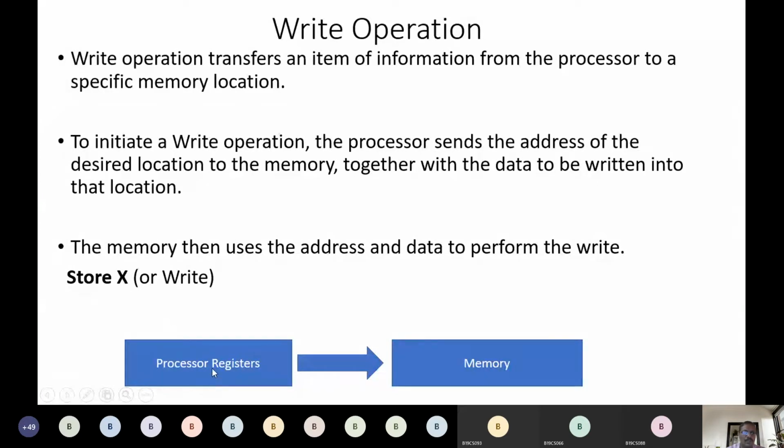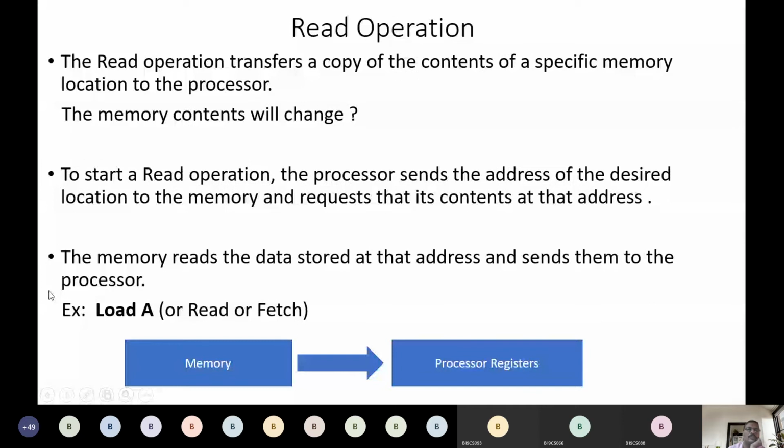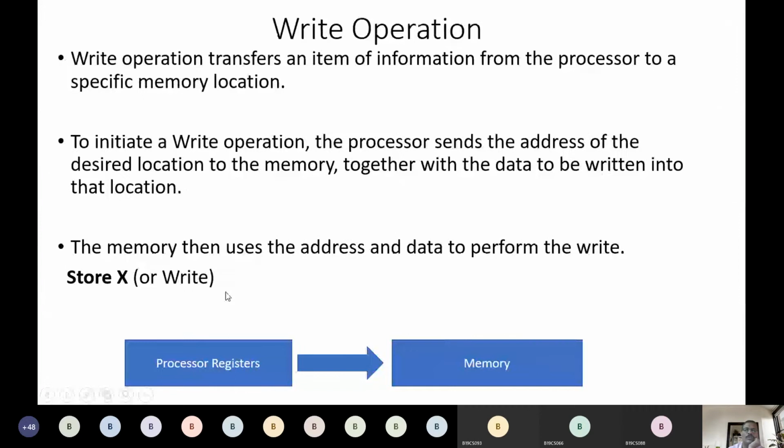Whatever is in the processor register is written. X is written to memory with store, the assembly level instruction. So for the read operation the example is load A, from memory to processor registers, and here is store X, from processor registers to memory, the reverse write operation.